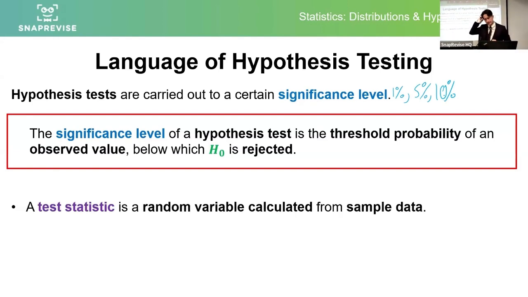Then a test statistic is basically what actually happened. So for example, 1 head out of 10 flips.